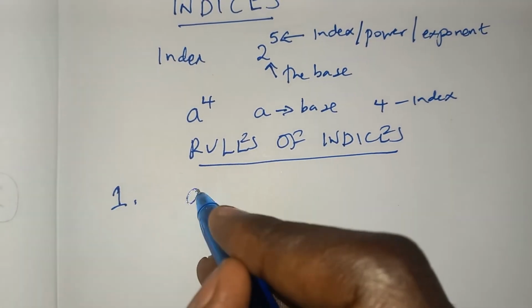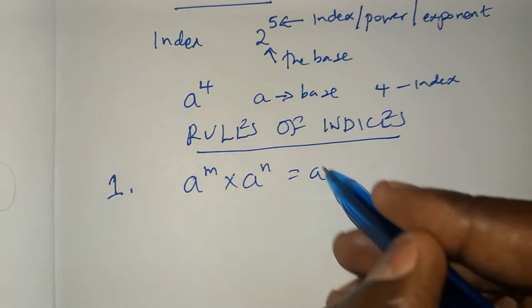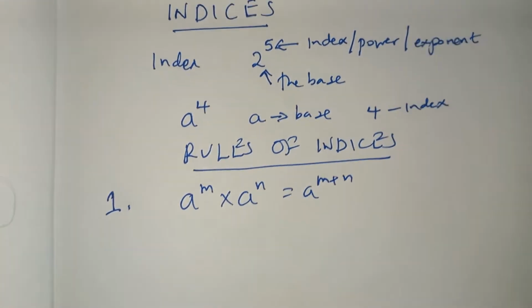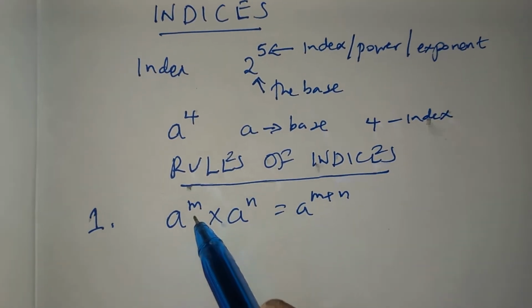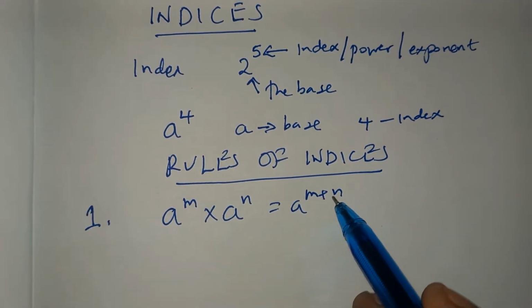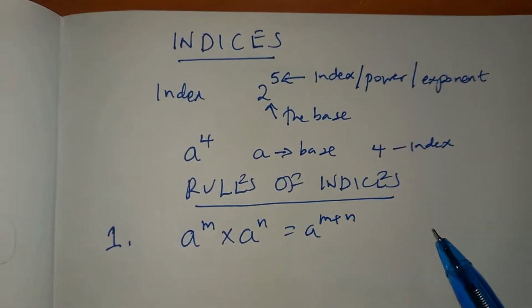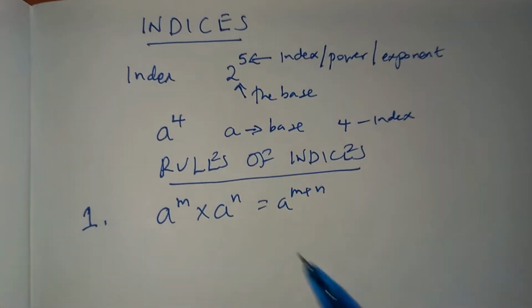The multiplication rule says that a raised to power m multiplied by a raised to power n is the same as a raised to power m plus n. Now, how do we demonstrate this rule?